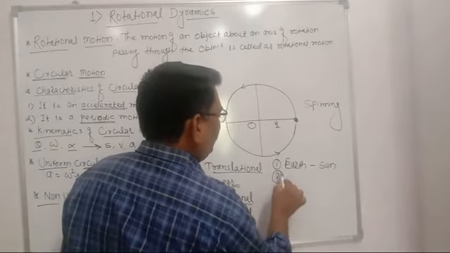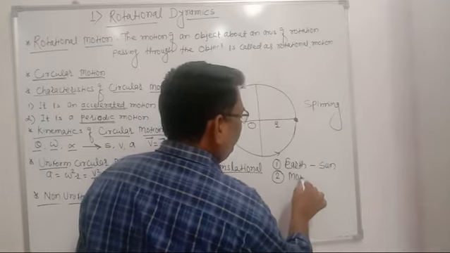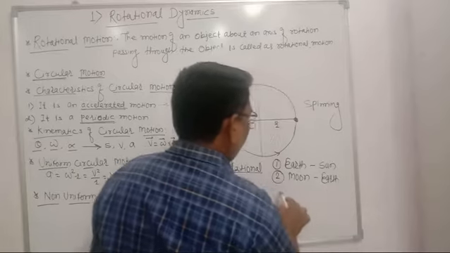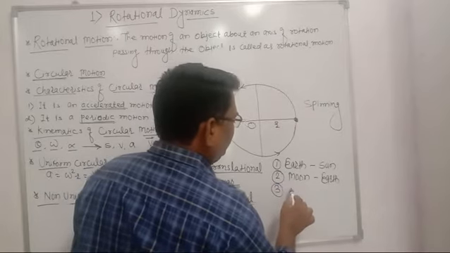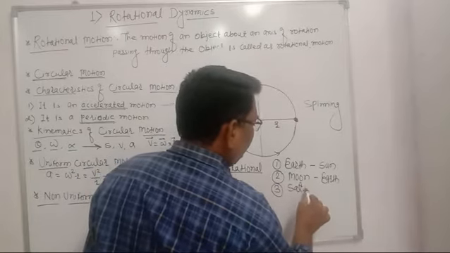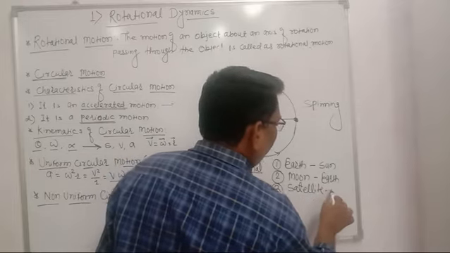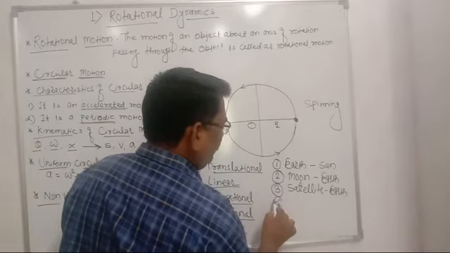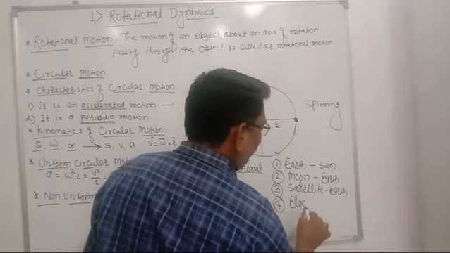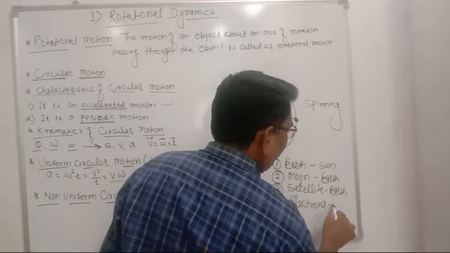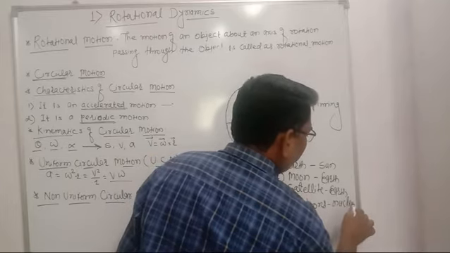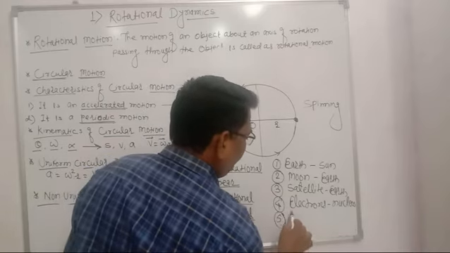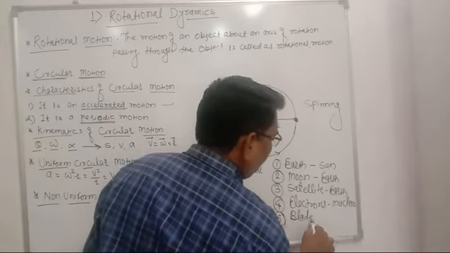Next, the motion of the moon around the earth, the motion of satellites around the earth, then the motion of electrons around the nucleus, the motion of blades of fan.